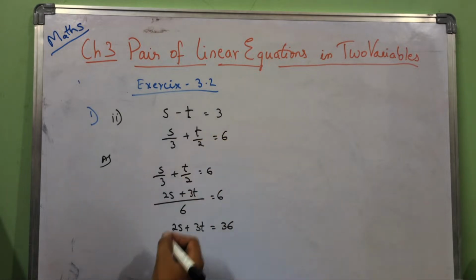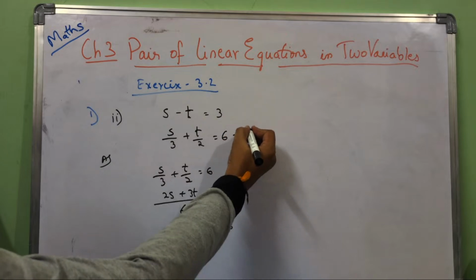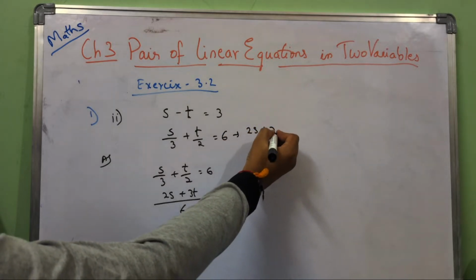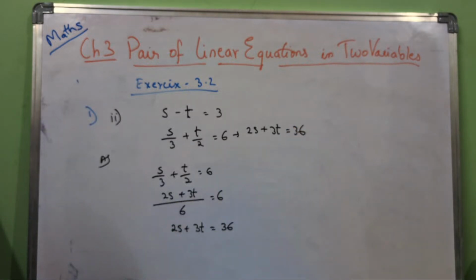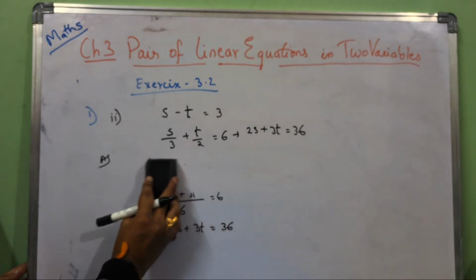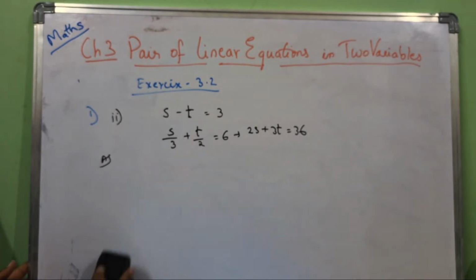So I have converted this into the standard equation, which is 2s plus 3t equal to 36. Now let's solve these two.